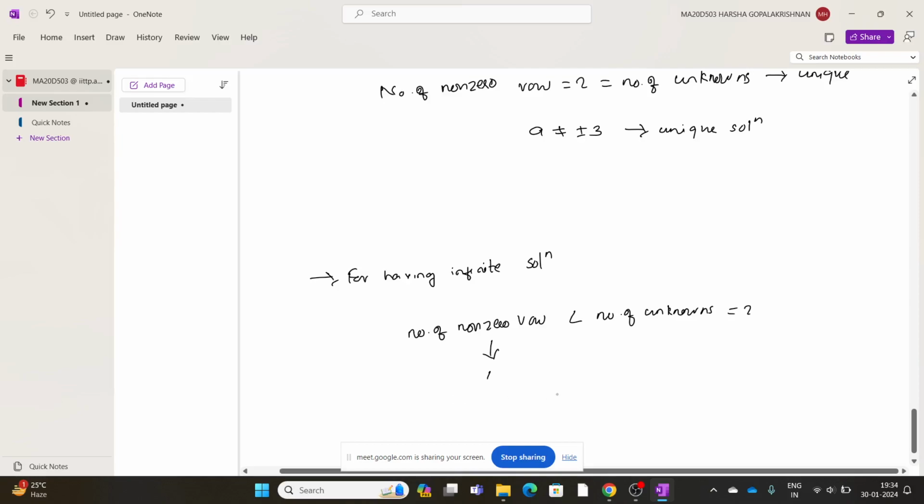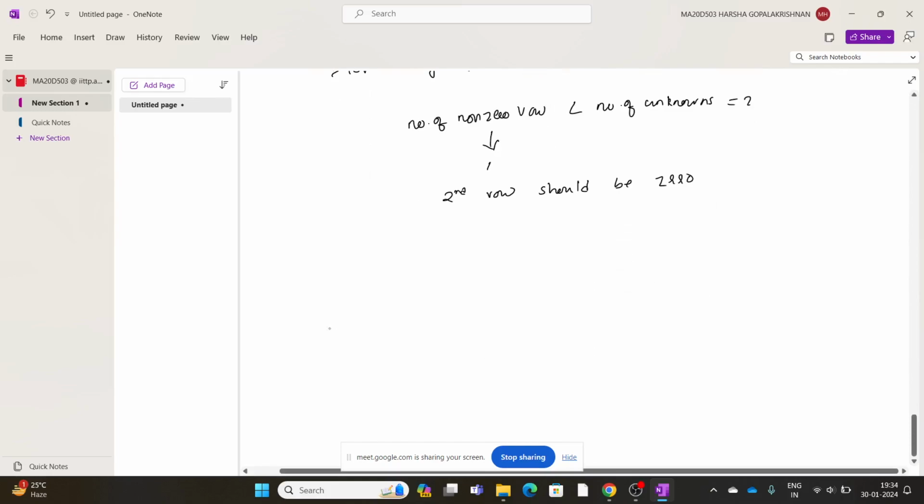So the second row should be equal to 0. In the second row, we have two values: 9 minus a square should be equal to 0, and b minus 4a should be equal to 0. So from here we will get a equal to plus or minus 3.